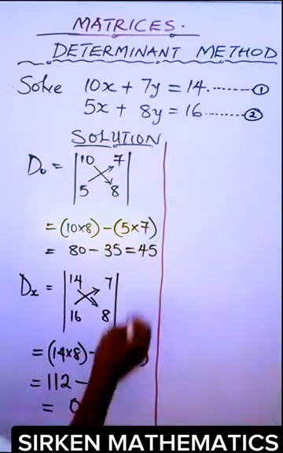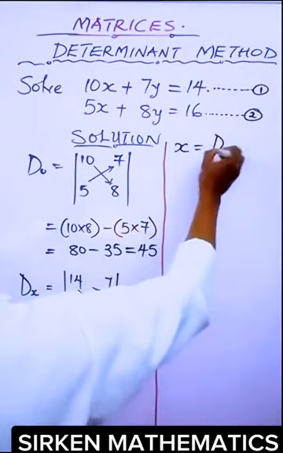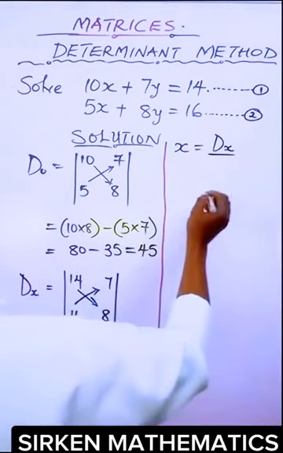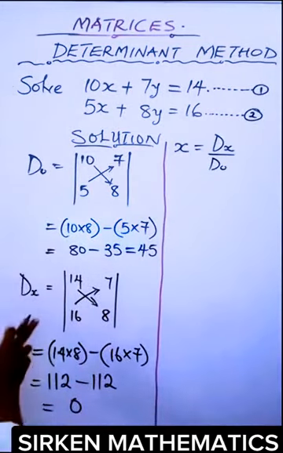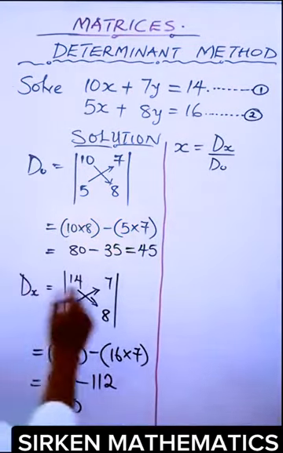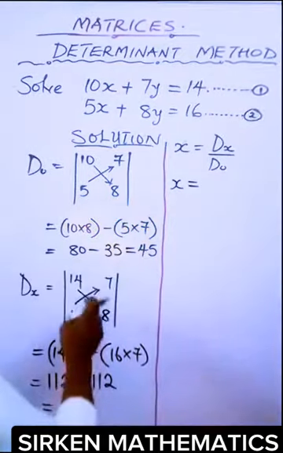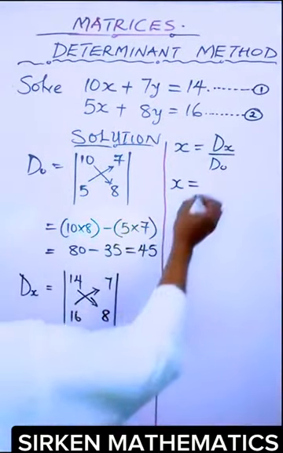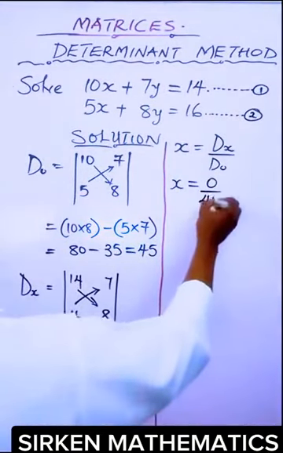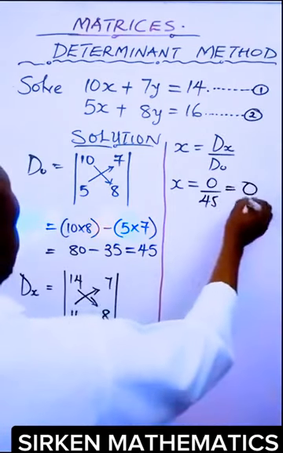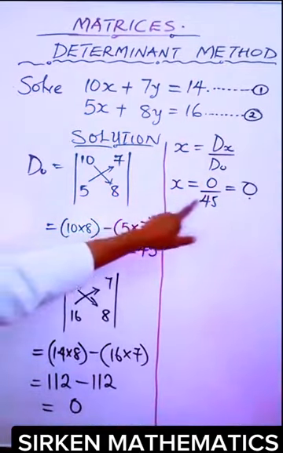So to get x, it will be the determinant of x over the initial determinant, making it x equals dx is 0, 0 over 45, and finally the answer becomes 0. Do you understand? So x is 0.